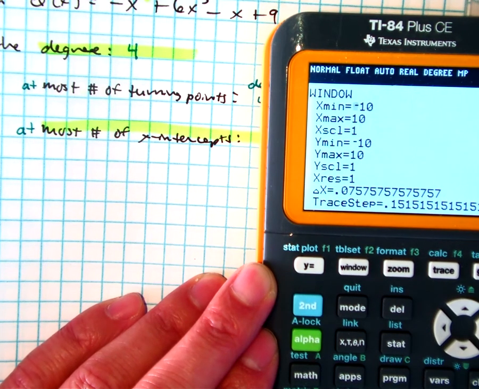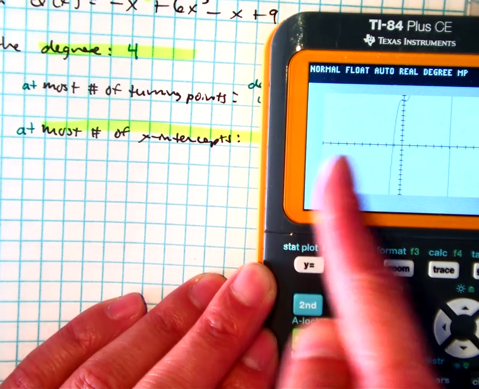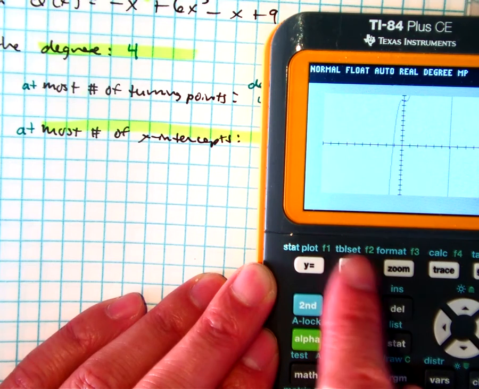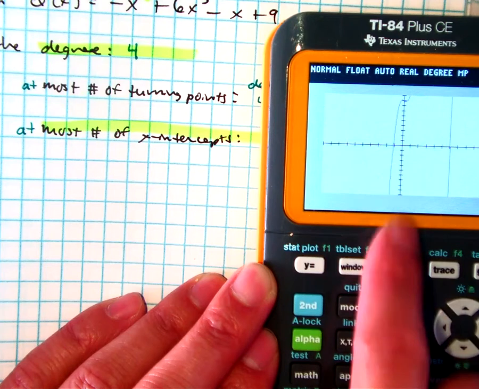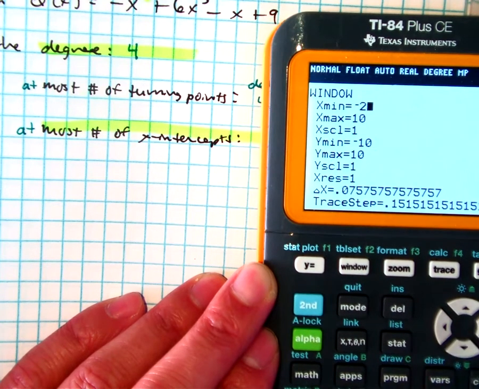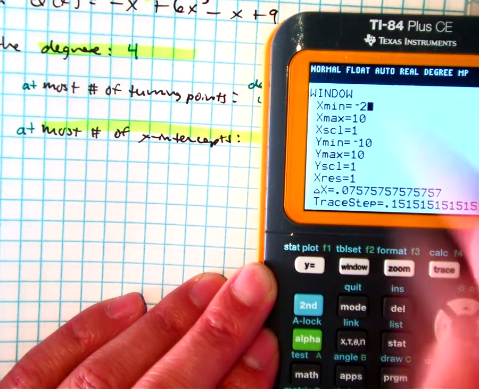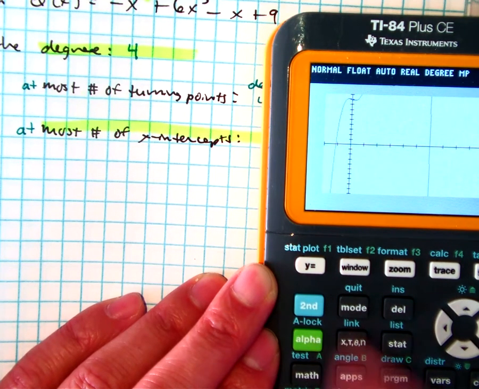Girls, what did you do for the x minimum? It's too much, right? We don't need negative 10, so you can shorten it up to what? Negative 5? Someone said negative 2? I think negative 2 would work well. And I need to go higher, right? Do you see that? So boys, what number did you change it to?